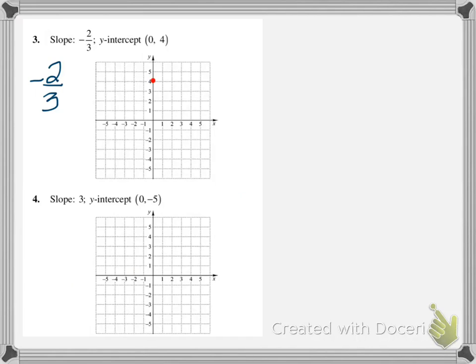Now they float that negative in the middle. You can put it with the top or the bottom. It doesn't matter. If you put it with the top, then we have to go down 2 and right 3 and plot my other point. And then I can draw my line.